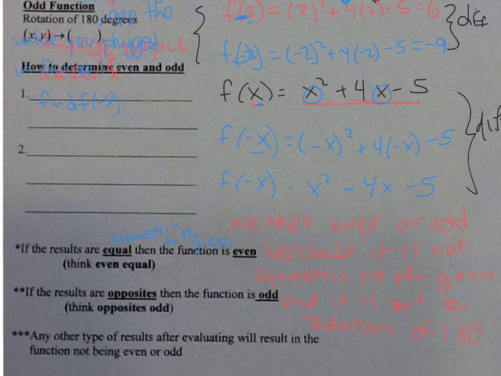If you plug in your x's and you get opposites, it's odd. That means it's a rotation of 180 degrees. If you plug in opposite x's and you get neither equal nor opposites, it's neither symmetric to the y-axis nor a rotation, which is what we had right over here. So let's flip it over.